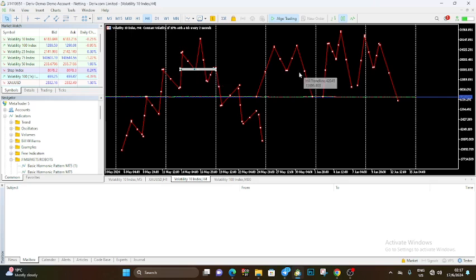What is a neckline? The neckline is this point, the pivotal point. So you put this zone right about there. If the market breaches with a strong bearish candle, again, as I told you, we've got two entry points.